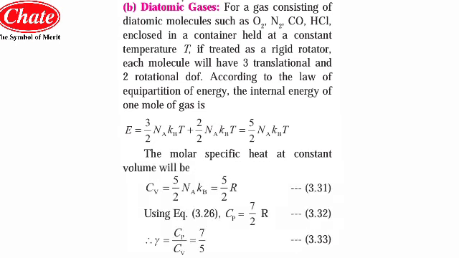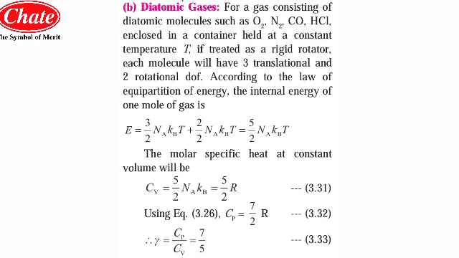So we will apply the same concept to diatomic gases. For a gas consisting of diatomic molecules like O2 and N2 enclosed in a container held at a constant temperature T, if treated as a rigid rotator, each molecule will have 3 translational and 2 rotational degrees of freedom.